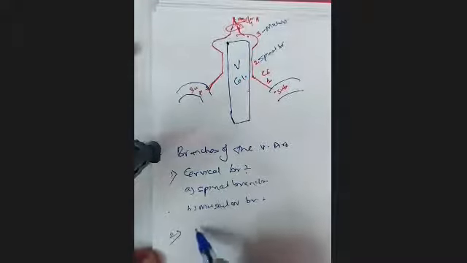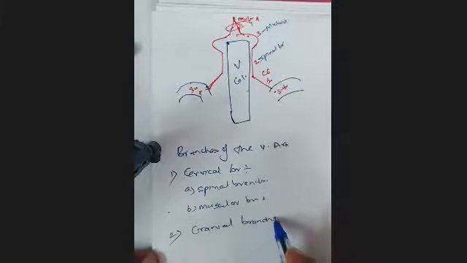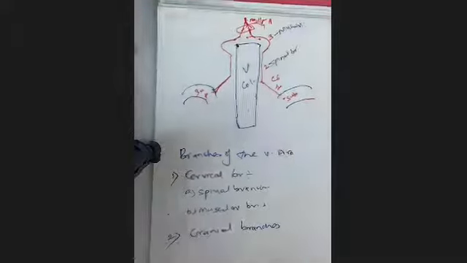Now we'll talk about the cranial branches. The cranial branches are 5 in number.